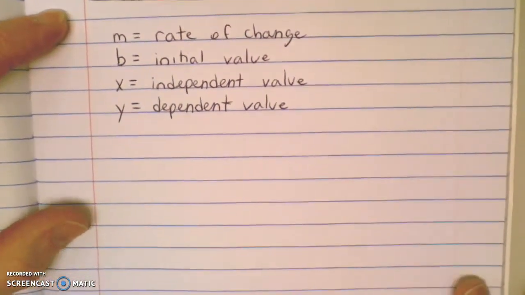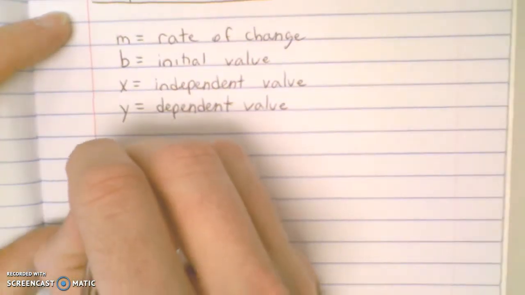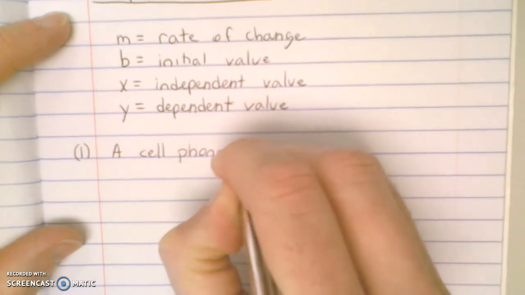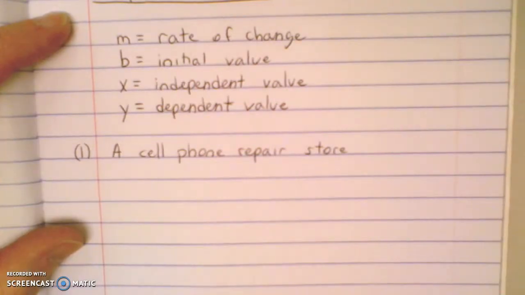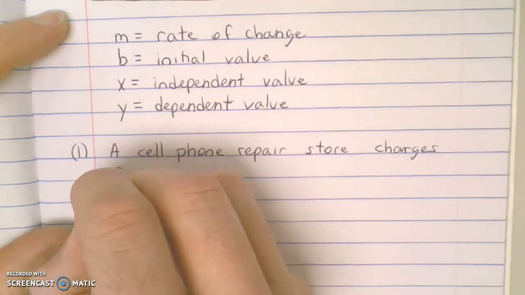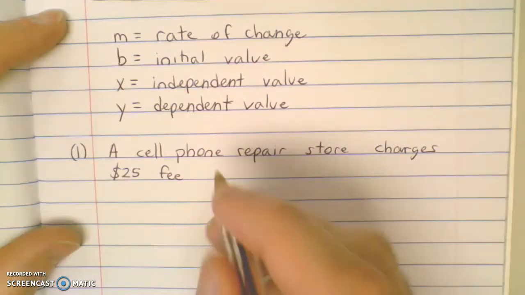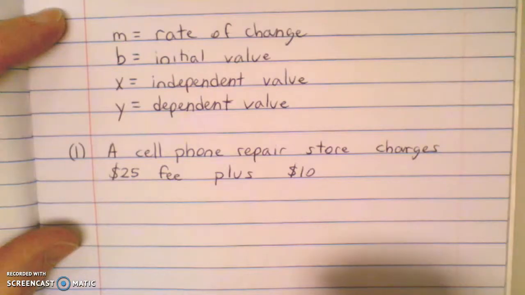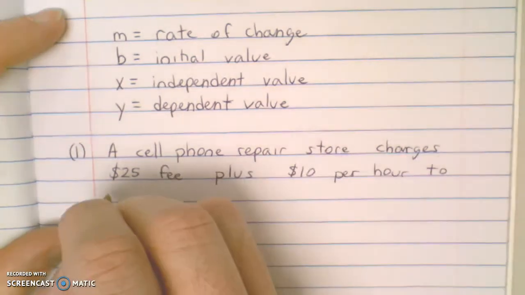All right, so let's look at an example. Let's say a cell phone repair store charges a $25 fee plus $10 per hour to fix a phone.